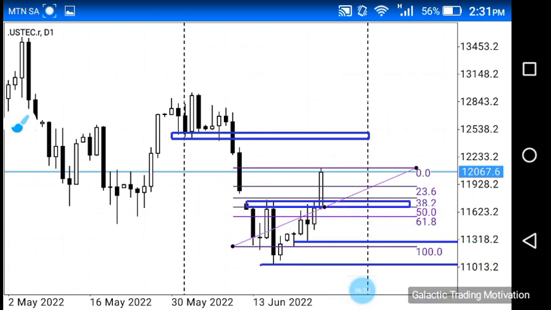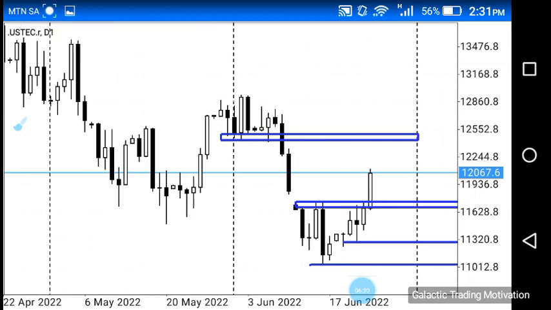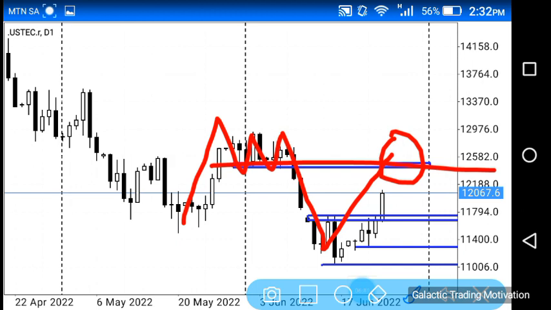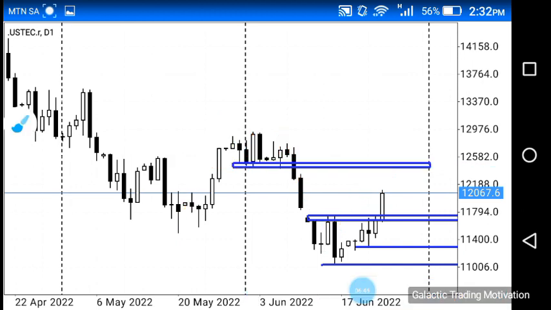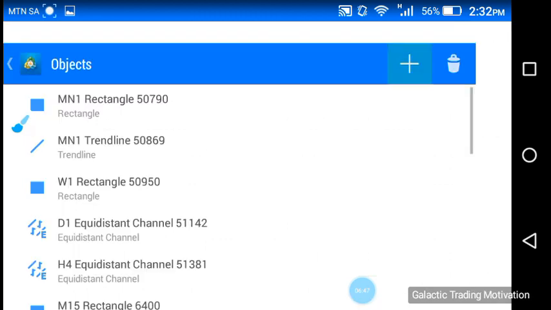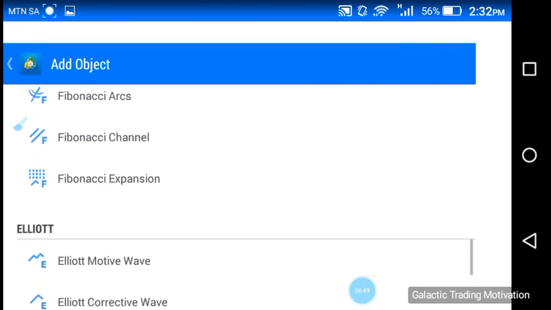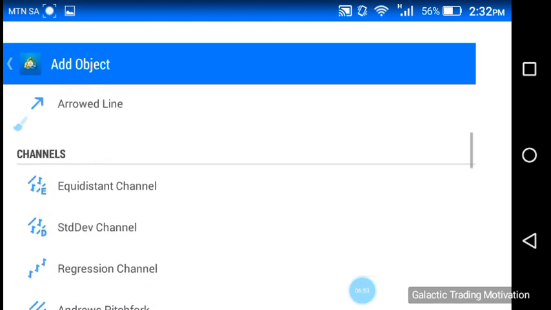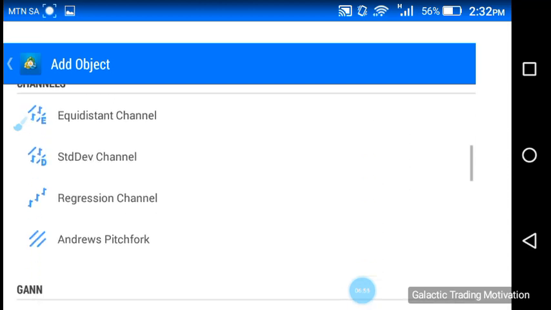So let me just delete that. Similarly, because we have this inverted head and shoulders pattern as well, with the neckline being there, the anticipation is that the market at some point has to retest this neckline, right? And that's what may also happen in the future. So what I want to do now is add the Fibonacci retracement tool just to see if that neckline aligns with any of the key numbers that we have on the Fibonacci retracement tool.